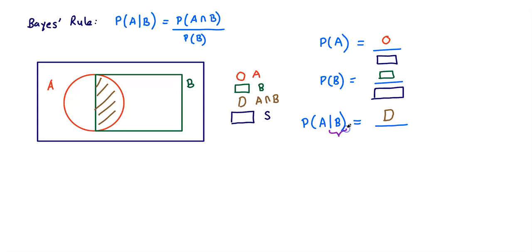So the set of all possible outcomes is basically the area of B, and if the dart has to land in A given that it has already landed in B, it has to land in the intersection. The dart has to land in the intersection.